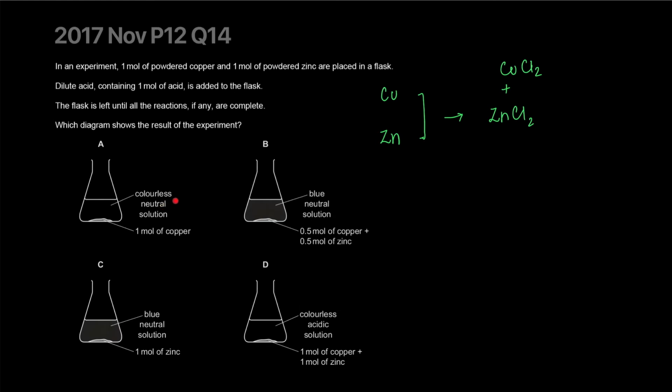So less of copper will be produced and more of zinc will be reacted, right? So that's the idea. Think of it as a displacement reaction. Okay, colorless neutral solution. Will the solution be neutral? Yes, it's zinc chloride and 1 mole of copper. I think we're on to something with A. Blue neutral solution, that means there's 50-50 zinc and copper. And blue neutral solution, yeah, I think it'll be more zinc being dissolved because it's more reactive.